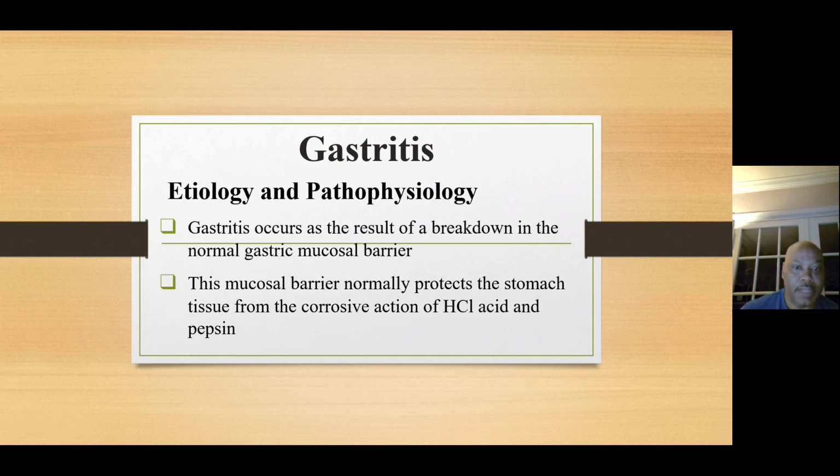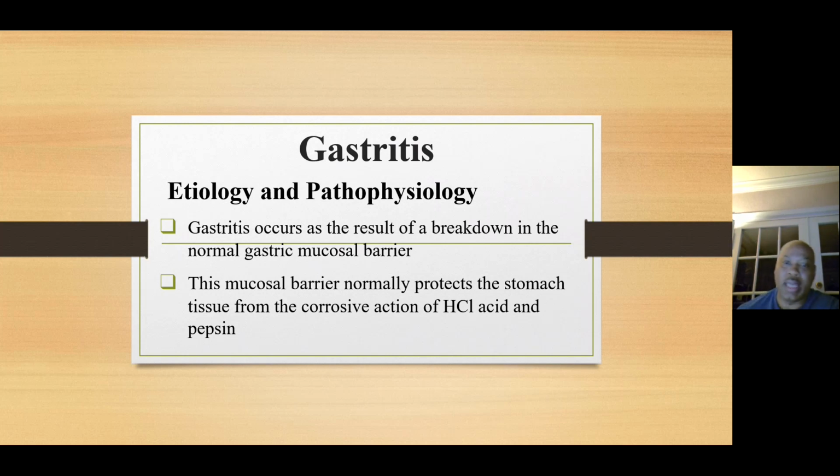All right. As far as the etiology and pathophysiology, gastritis occurs as a result of a breakdown in the normal gastric mucosal barrier. And of course, we need that mucosal barrier because it protects those underlying structures in the stomach. This mucosal barrier normally protects the stomach tissue from the corrosive action of hydrochloric acid and also pepsin.